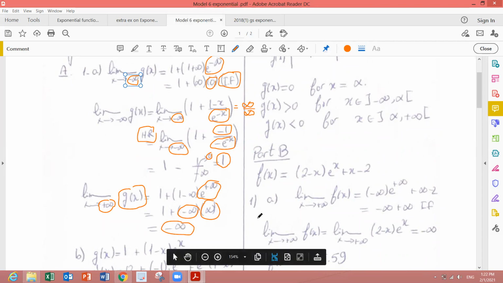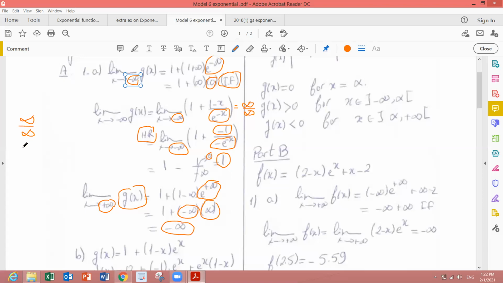أستاذ Yes. بس فيك تذكرني شو الindeterminate forms؟ Indeterminate forms هن infinity over infinity. إذا بيصير هيك بنعمل HR.